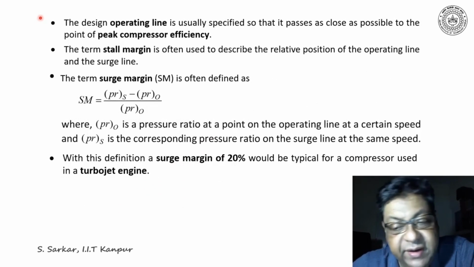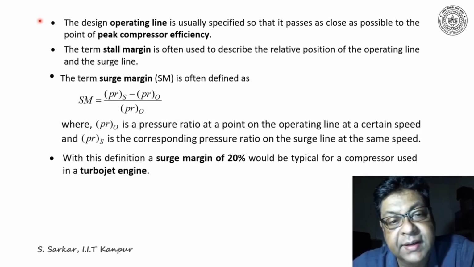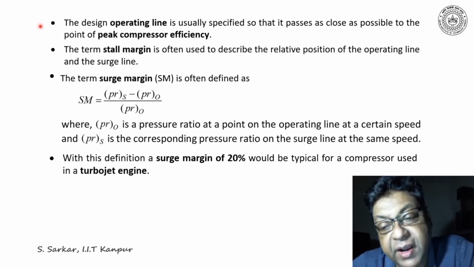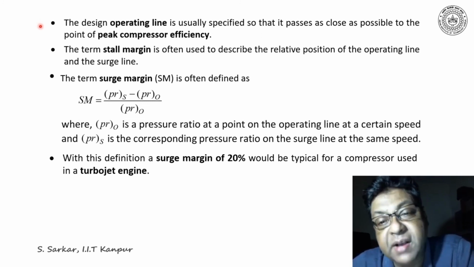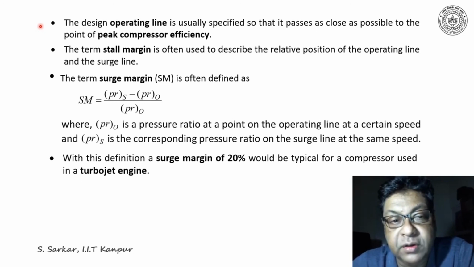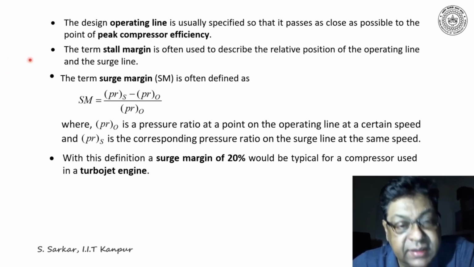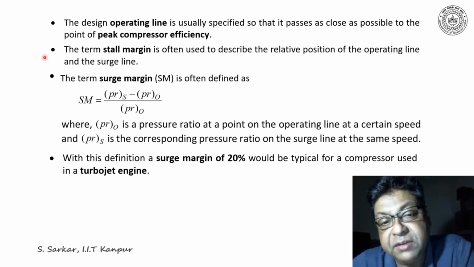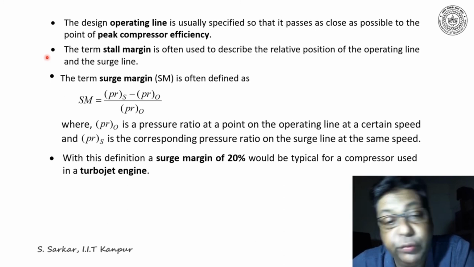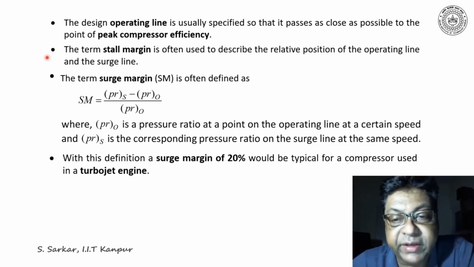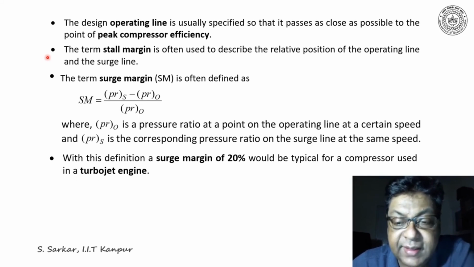I would like to state here that the design operating line is usually specified so that it passes as close as possible to the point of peak compressor efficiency. Thus, the term surge margin is often used to describe the relative position of the operating line and the surge line.